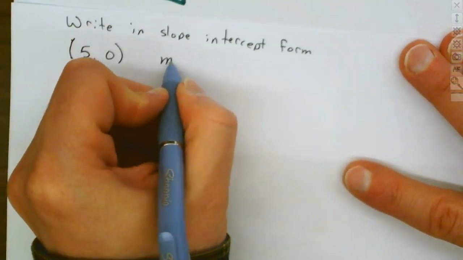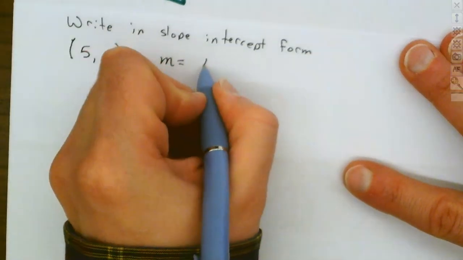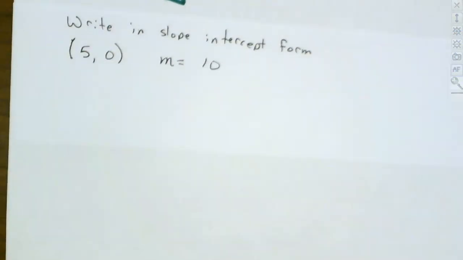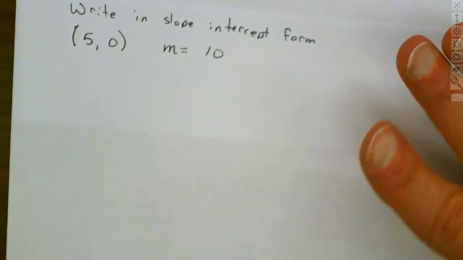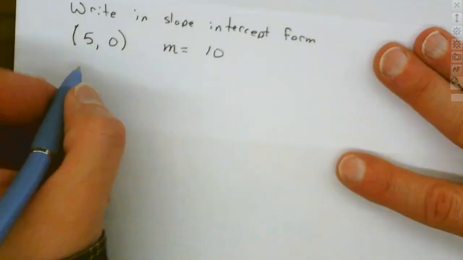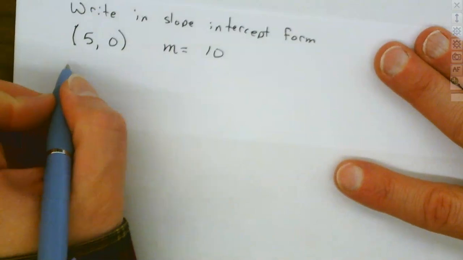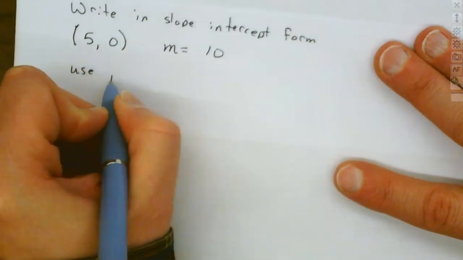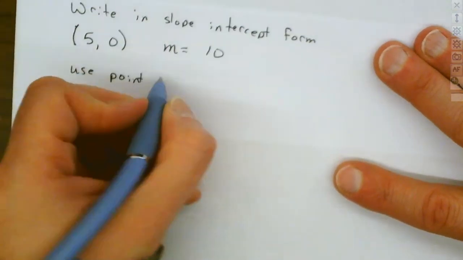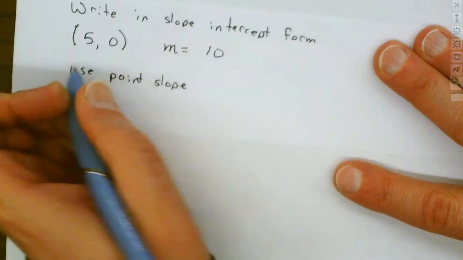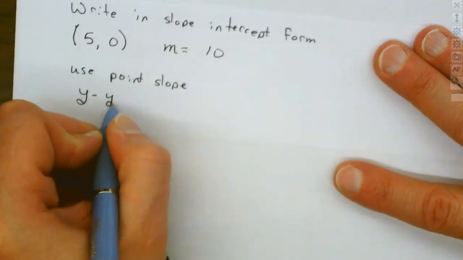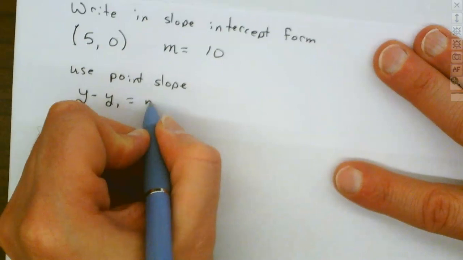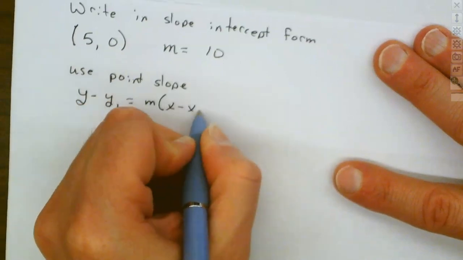And how about a slope of 10? So I made this one fairly easy. We want to write this one in slope-intercept form. So again, we have a point, we have a slope. So we're going to use point slope first, which is y minus y1 equals m times x minus x1.